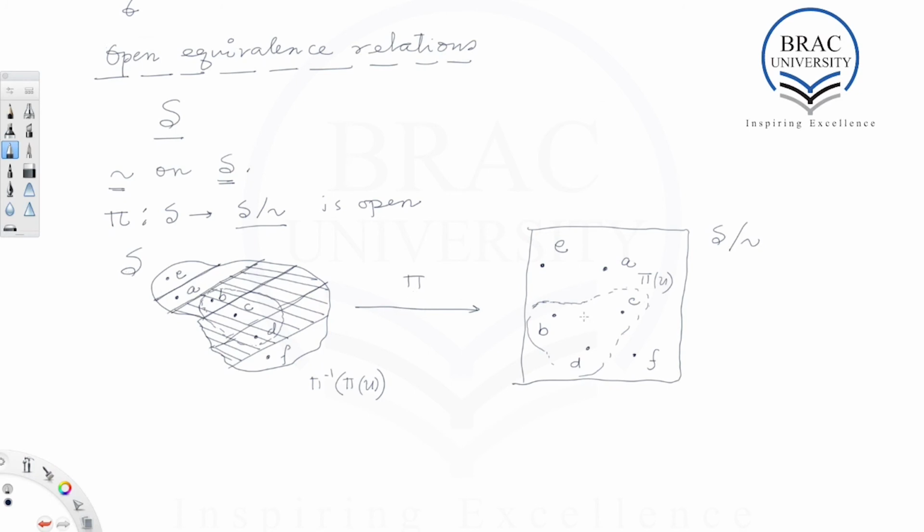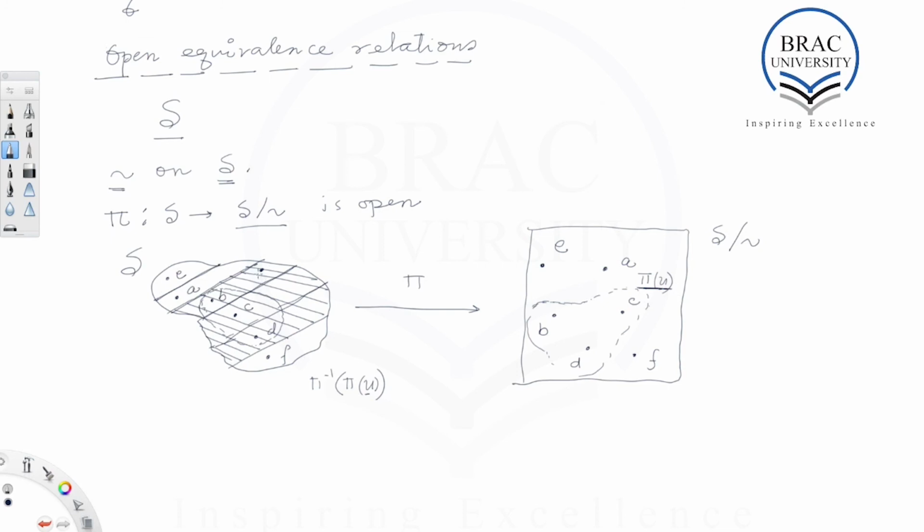Okay. So if I pick a point from here which is outside of U but belongs to one of the equivalence classes that has non-zero overlap with this open set that we started with, this open set U, then its image will be in pi U, right?